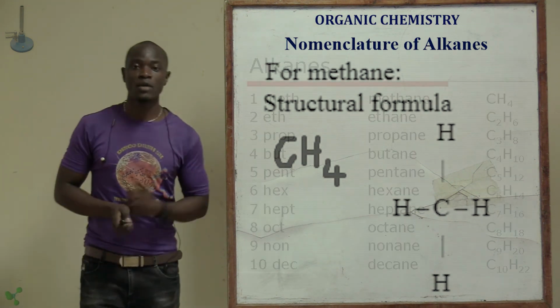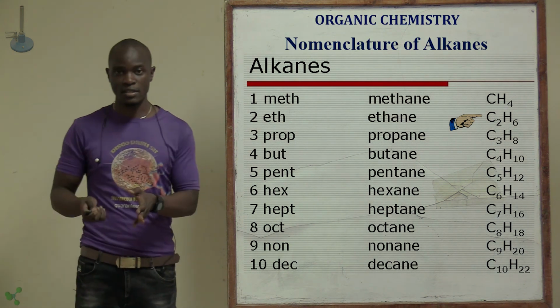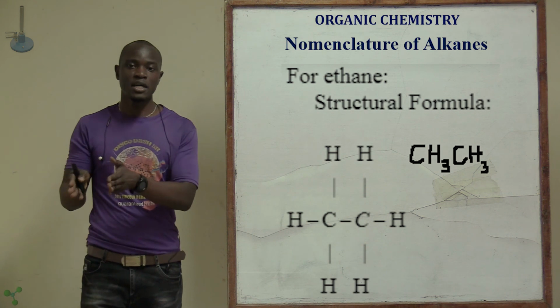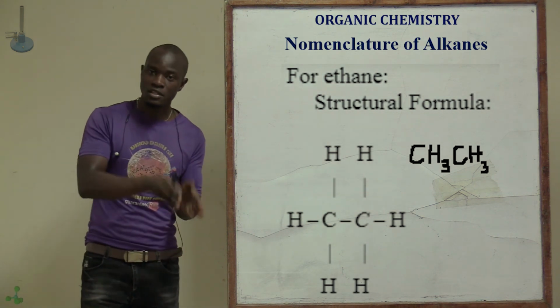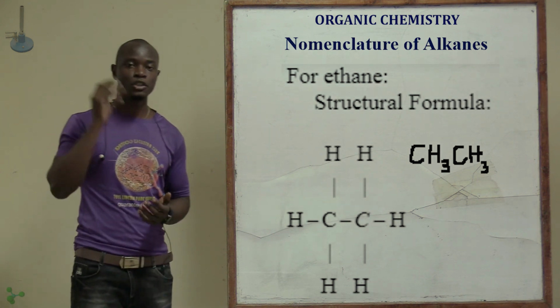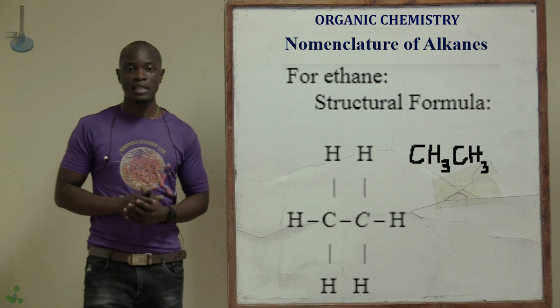Apart from methane, we can look at the molecular formula of ethane, which is C2H6. The closed structure is CH3CH3, and then for the open structure, you now open and show the position of hydrogens on the respective carbon atoms that there are.